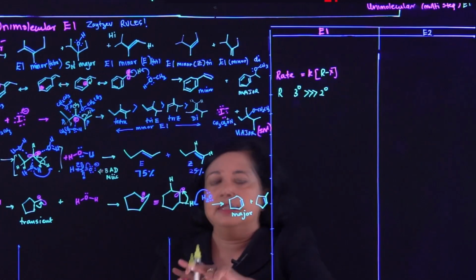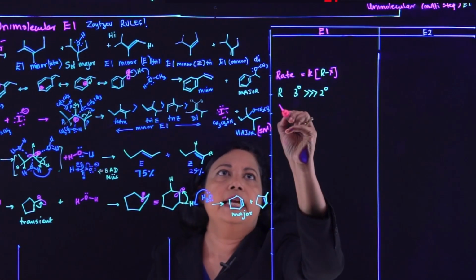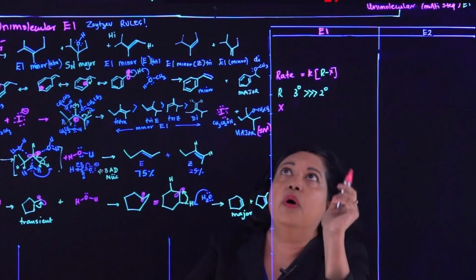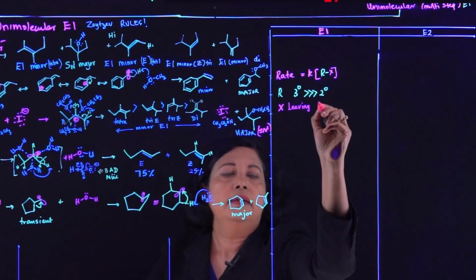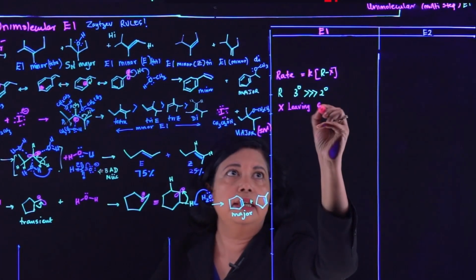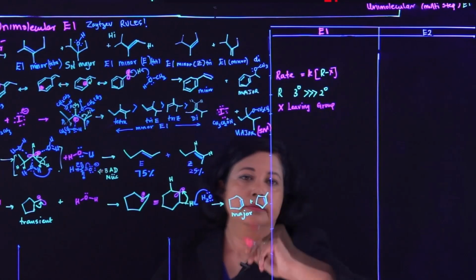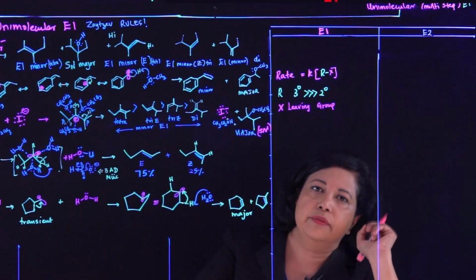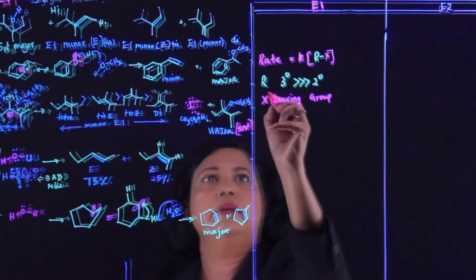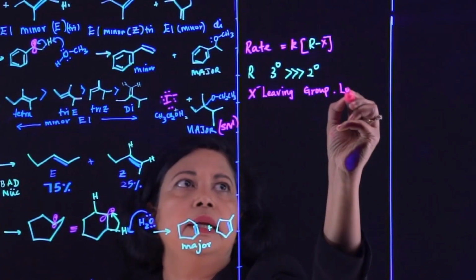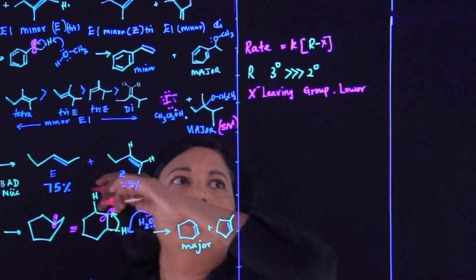Whereas X is concerned, X is going to be the exact same as for all of the others. So X is the leaving group. Lower the pKa of the conjugate acid, better the leaving group. Same thing that we saw with all of the others.